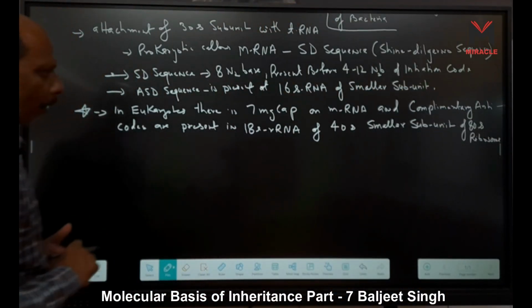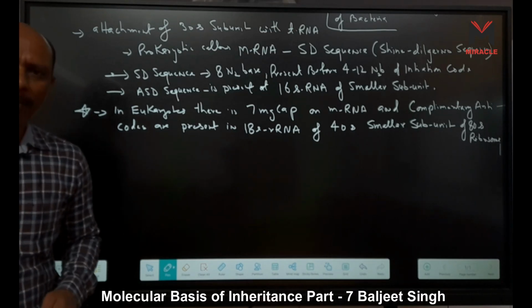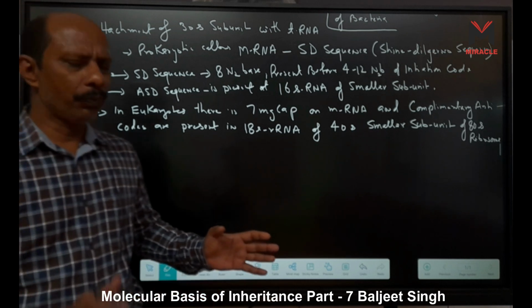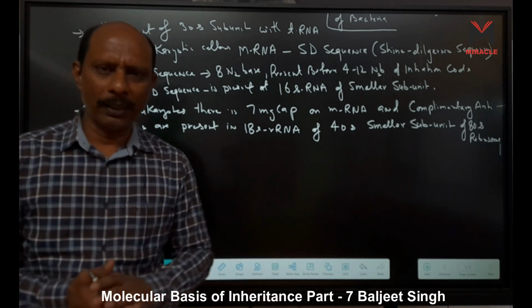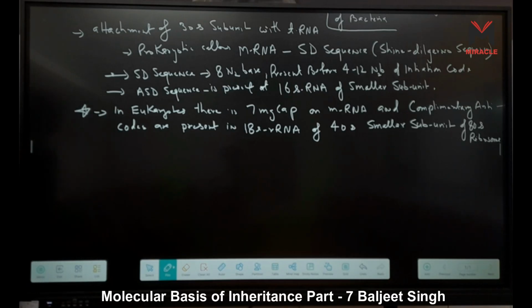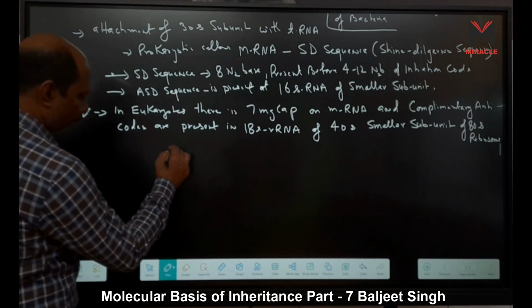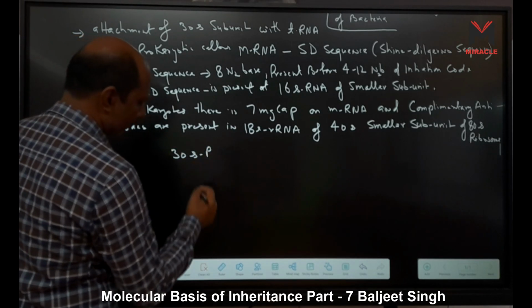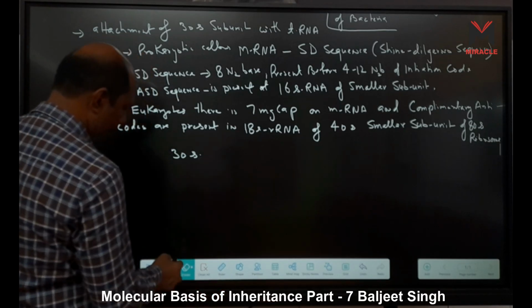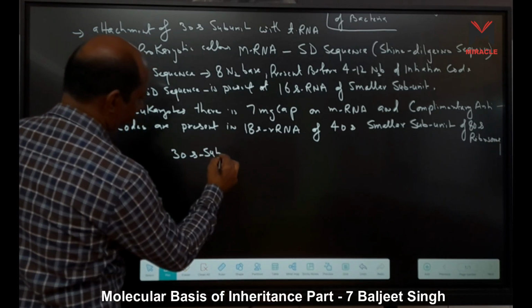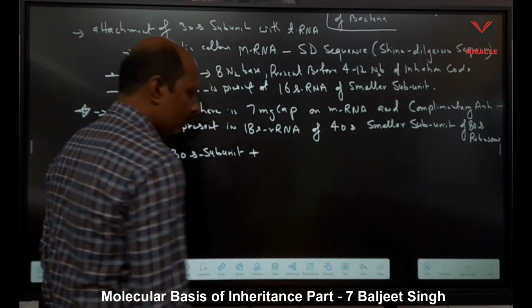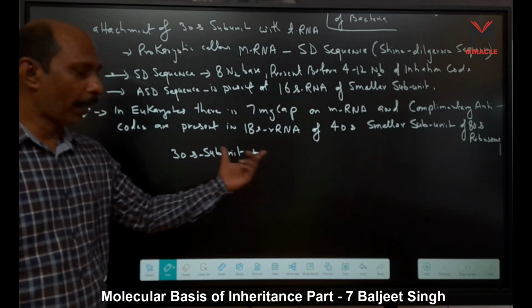Now a complex is formed. When a smaller subunit is attached with messenger RNA, then a complex is formed. Complex means we only add the names and then write complex, simply, right? Here, because the 30S subunit is attached with messenger RNA, we should write 30S subunit plus messenger RNA, right?